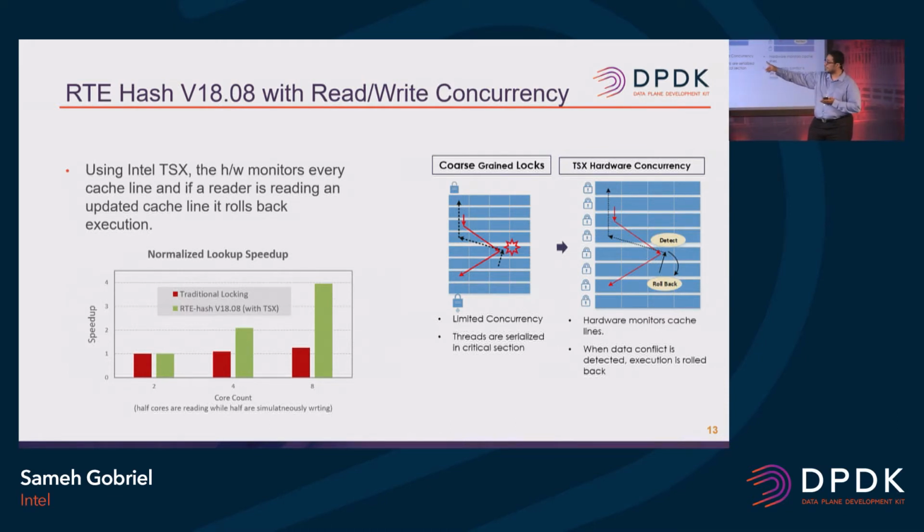As you can see, the normalized speedup scales nicely with the number of cores reading and writing in the hash table. The next presentation will specifically talk about this problem, and I think they have a solution that does not have any locks. That's why I'm very interested in the next talk. But that's basically what is already released in 18.08.